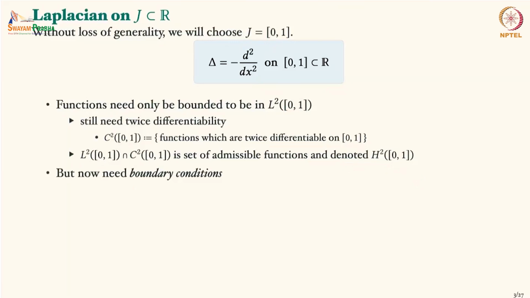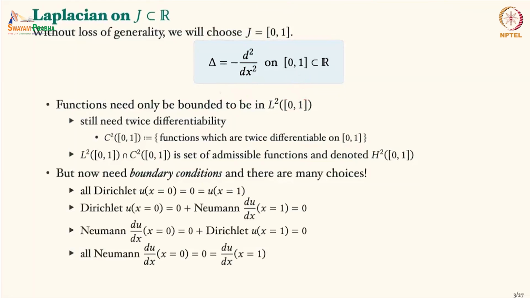So if you had read the notes, you would have noticed that a problem like this would require a boundary condition. It's a problem on some compact domain, so it needs a boundary condition to be well posed. And there are many choices of boundary conditions. You can say that the unknown solution U should take value 0 at x equal to 0 and value 1 at x equal to 1.